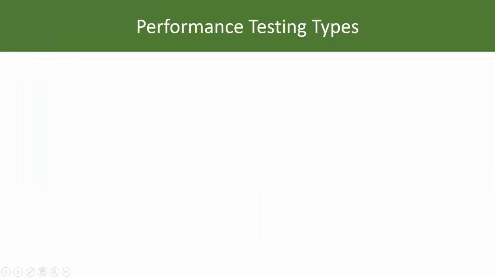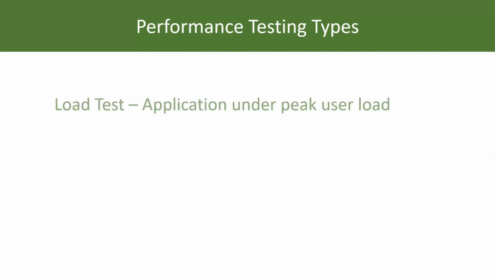There are some performance testing types I would like to casually look at, because performance testing is not one type of testing. There are different types involved. Load test is an application under peak load. Load test is almost synonymous with performance test.